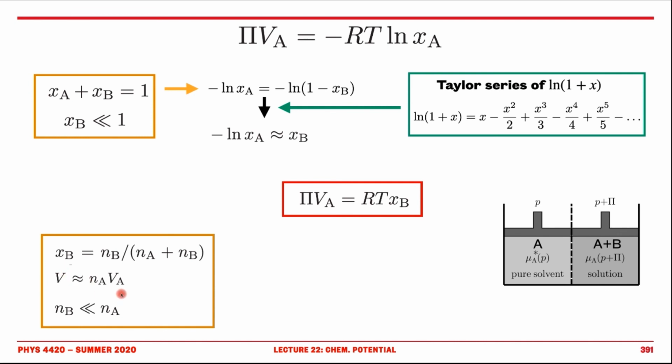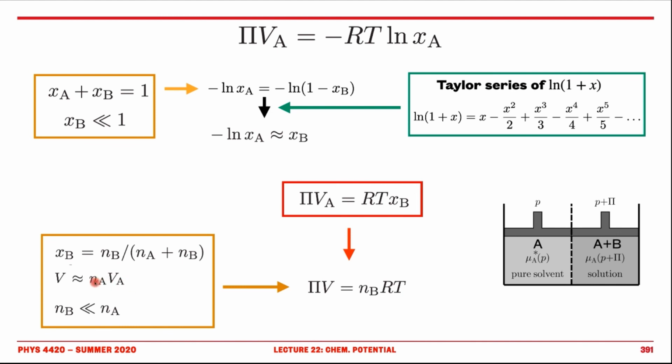And then, of course, the density of B is much smaller than the density of A, which is another way of saying this. All right, good. So that means that if I put all this together, it turns out that VA is V over NA.